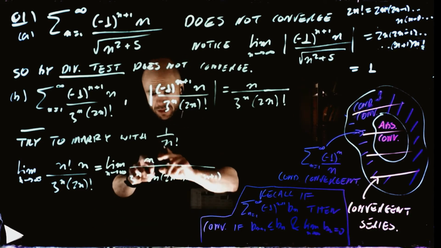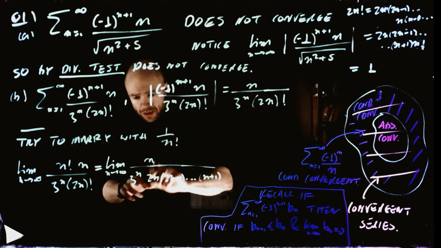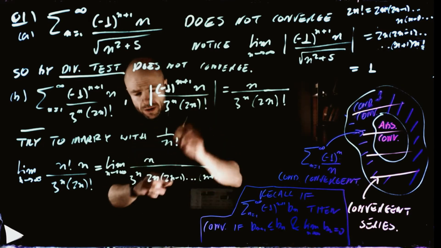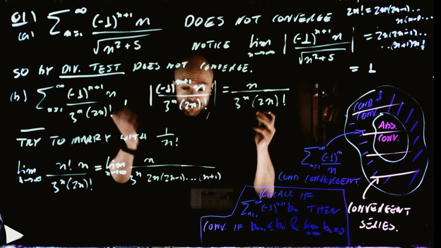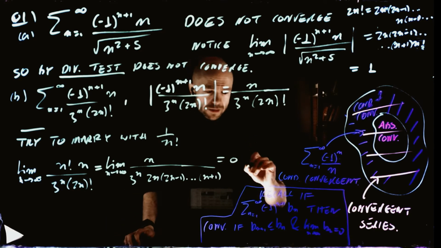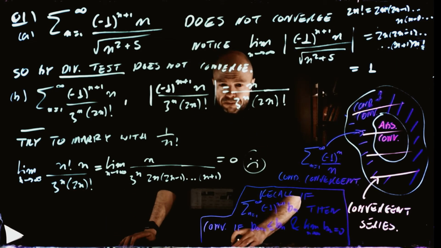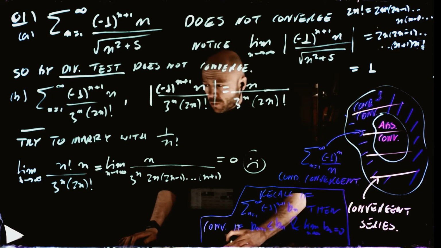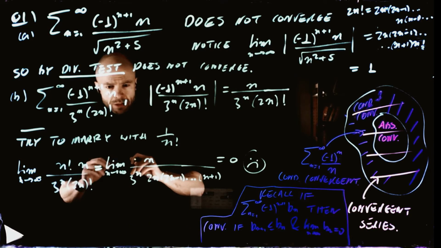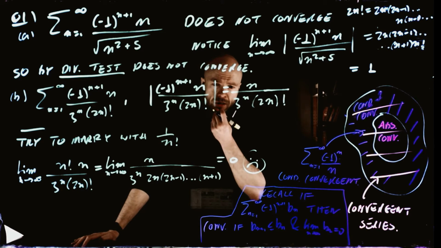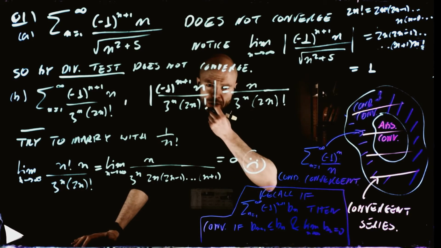And if we look at this, then we still have this thing being massacred, right? So 3 to the n is way faster growing than n, and this thing is also very, very big, right? So this thing has limit 0. So we can't say that these guys are married. There's no marriage here. We've chosen the wrong beautiful guy to marry this to. So we could either try and find another beautiful guy, or we can do another test.